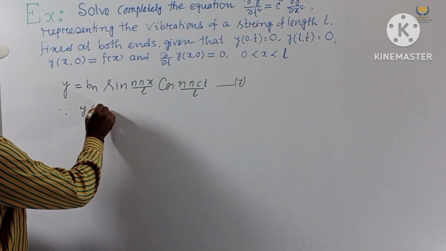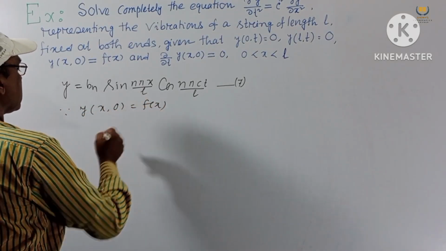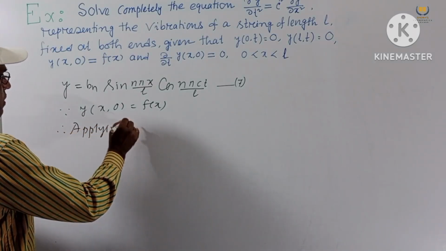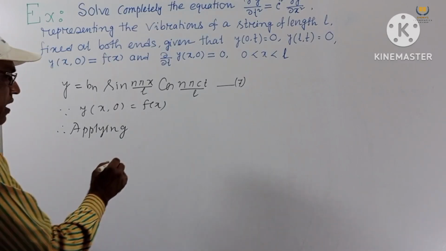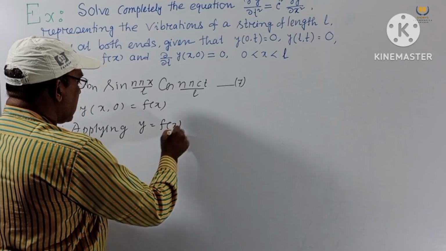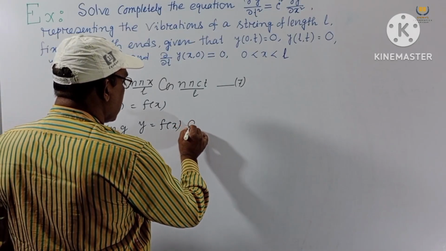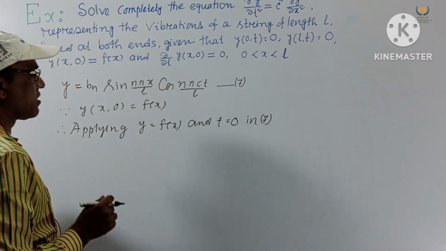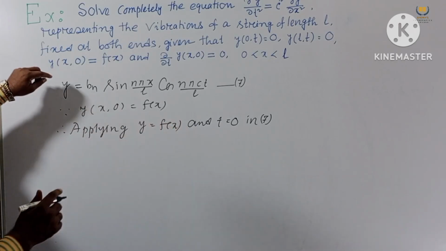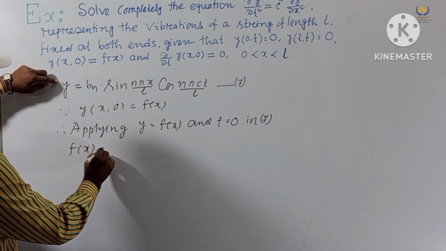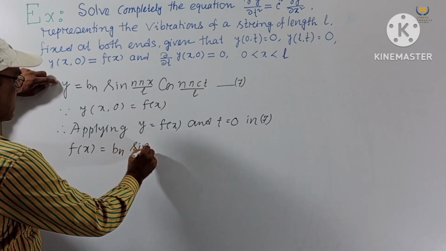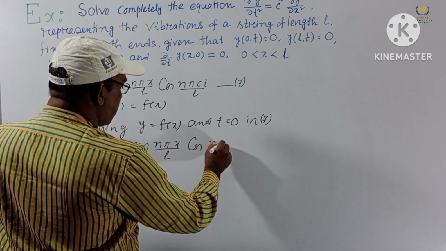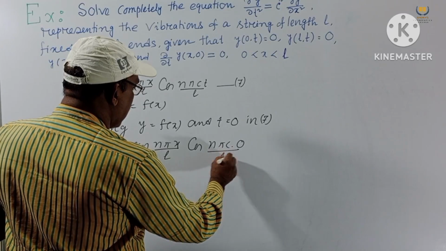Since y(x, 0) equals f(x), applying y equals f(x) and t equals 0 in equation 7, we get f(x) equals bn sin(nπx/L) cos(nπc·0/L).